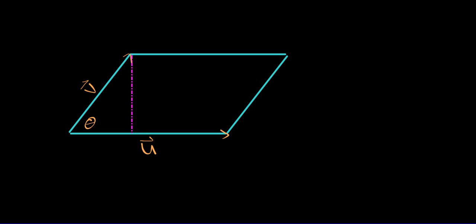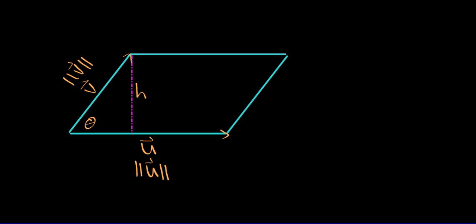Now, let me label this as height. The length of this vector here is the magnitude of U. The length of this vector here is the magnitude of V. We can all agree with that. So now we have a parallelogram, and we know the lengths of two of the sides.